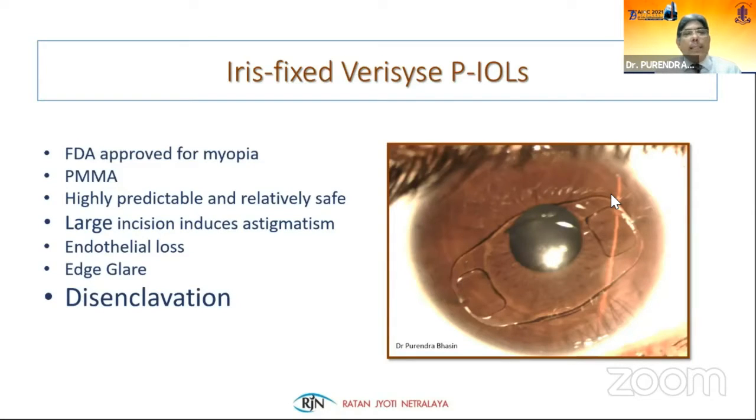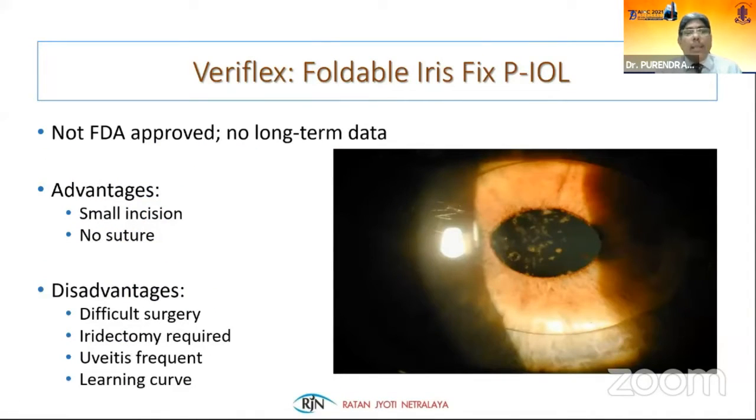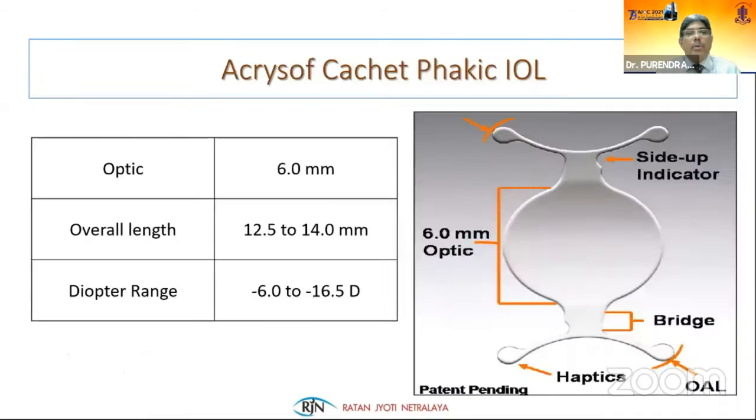These are the iris fixed Verisyze lenses, which at one time were very popular, and we have also done them. This is a case we did earlier, and it has shown a disenclavation, meaning one haptic has been dislodged, and it came out, in a very inflexible model also.